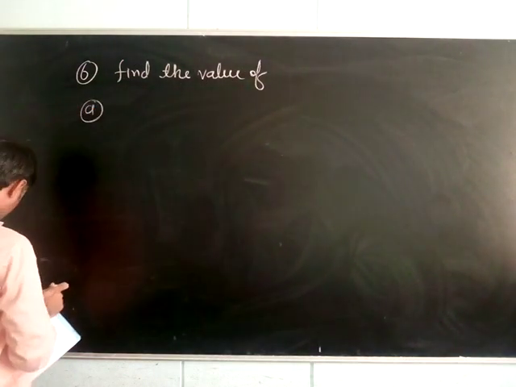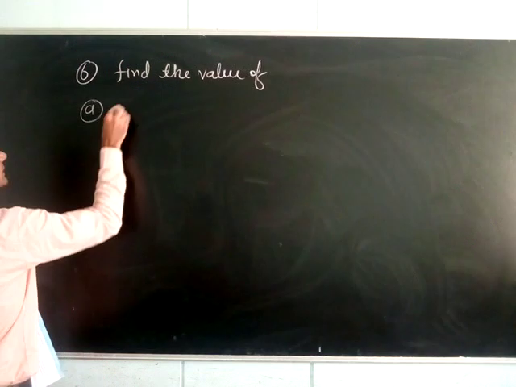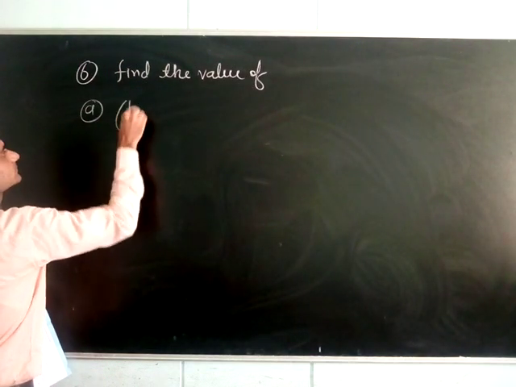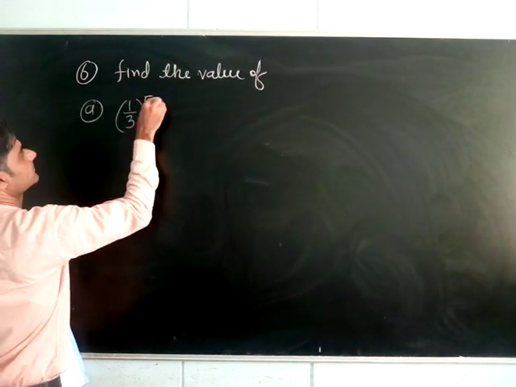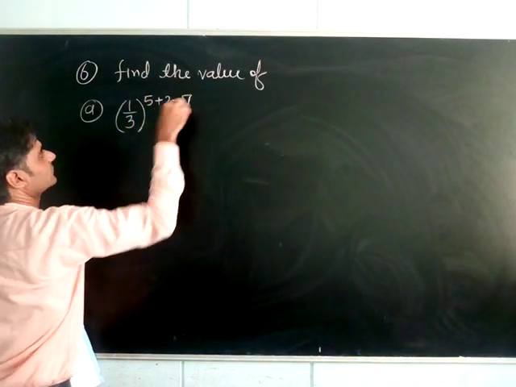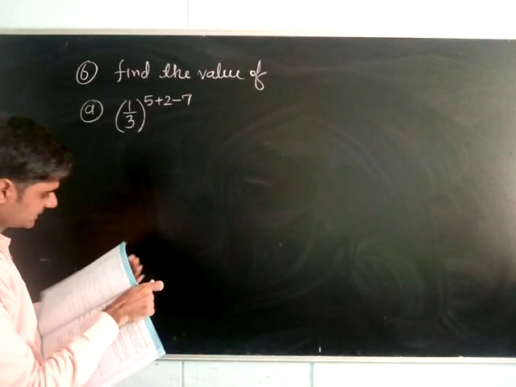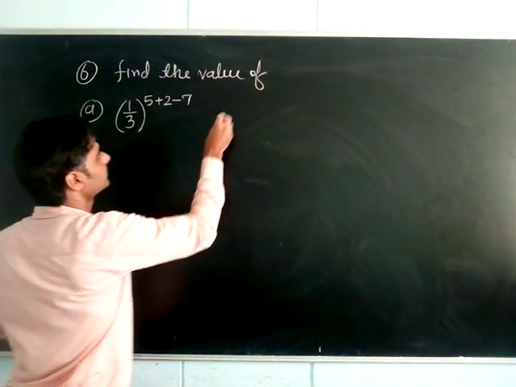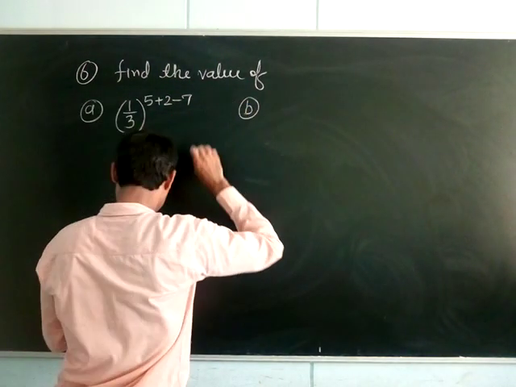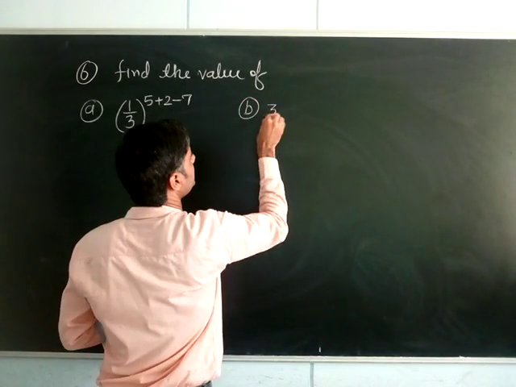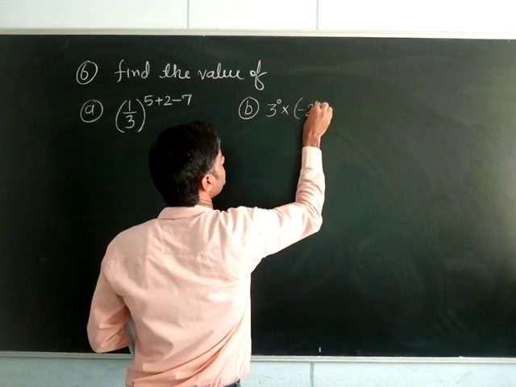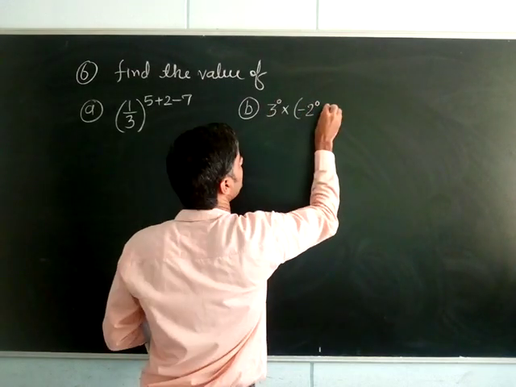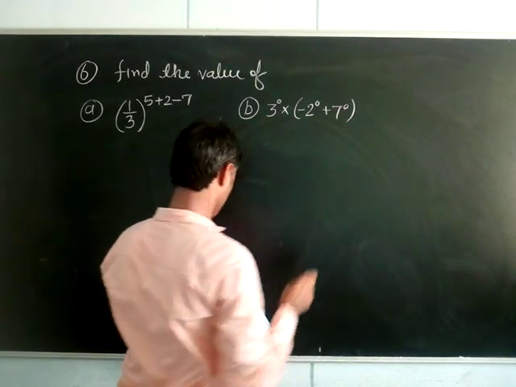Question A is 1 upon 3 power 5 plus 2 minus 7. The second question, B, is 3 power 0 multiplied by minus 2 power 0 plus 7 power 0.